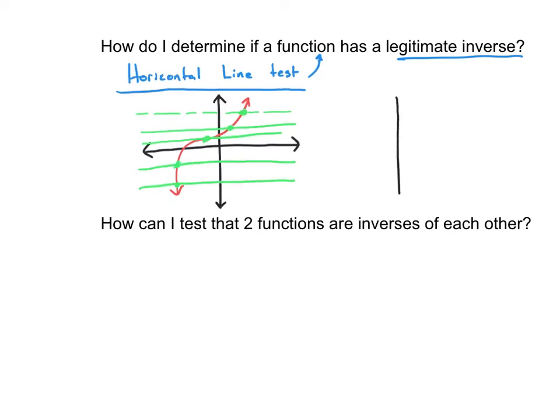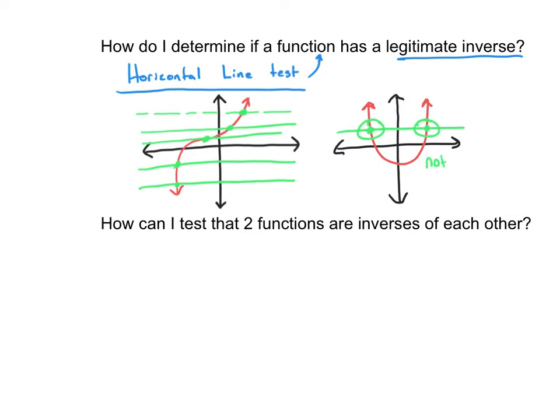So let me show you what I mean. Like x squared, which is a parabola, might look like this. So if I were to try a horizontal line test, it hits here, it hits here. And it doesn't matter where it is, because we're going to try the whole thing. If it hits twice, 1, 2, it's not.